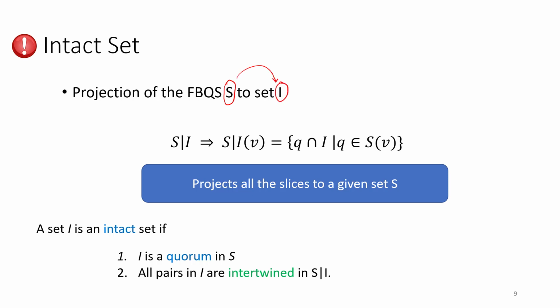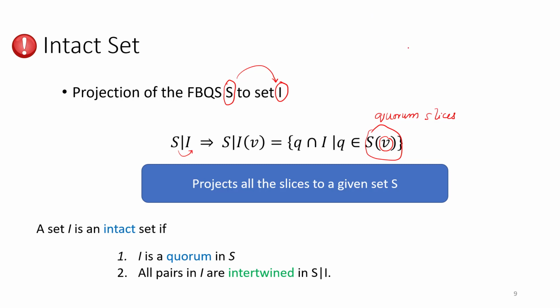Informally, it means we consider only those elements in S that belong to set I. So S projected to I basically means, if I look at the vertex level, for every vertex, I take a look at all the quorum slices. So SV is basically all the quorum slices. I consider each one at a time. So if Q is an element of this, I only consider those elements of each quorum slice that are also an element of I, or basically I compute an intersection between Q and I, right?